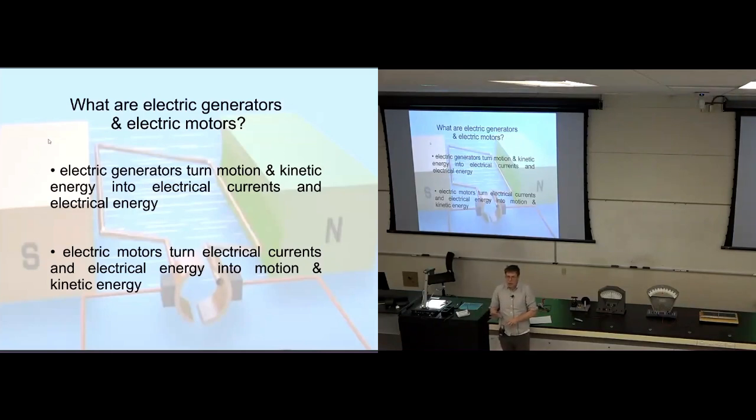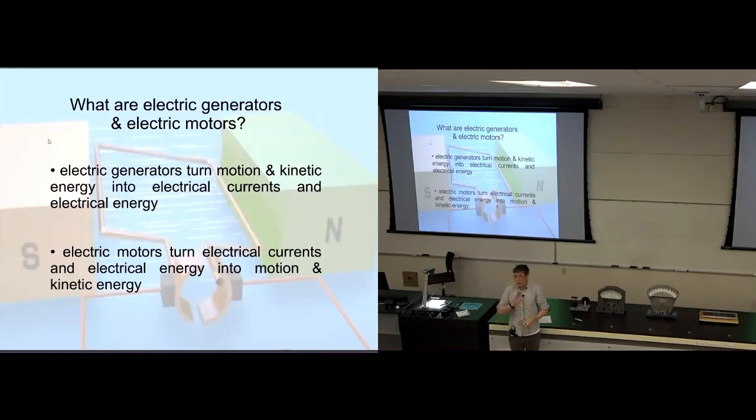Electrical motors are kind of the reverse of electrical generators. If you remember when we talked about electrical motors, what they do is turn electrical currents, electrical energy, into kinetic energy, into motion. So when you're making a margarita at home, the blender is turning electrical energy into kinetic energy, the motion of the blades.